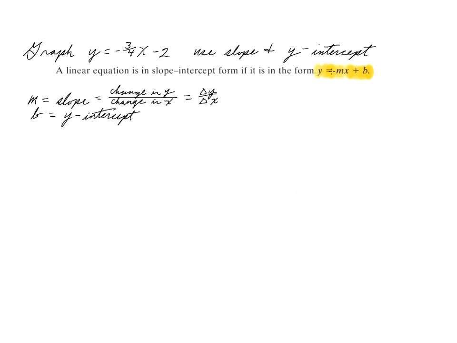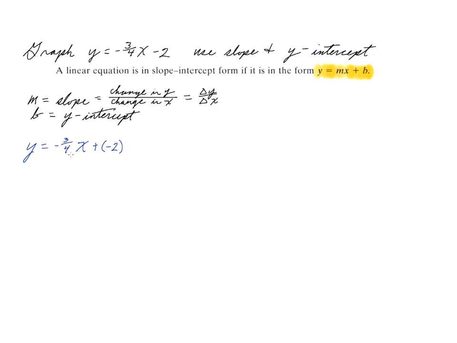So now I want to compare my equation in standard form with the equation that we're asked to graph, y equals negative 3/4 x minus 2, and it's not quite in the form that we wanted, so we'll first put it in that form, and we'll write it as y equals negative 3/4 x plus a negative 2.